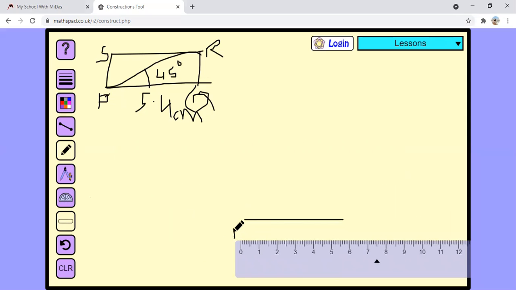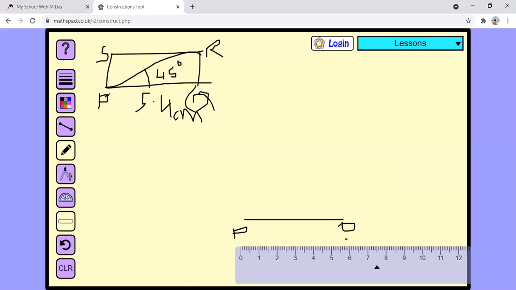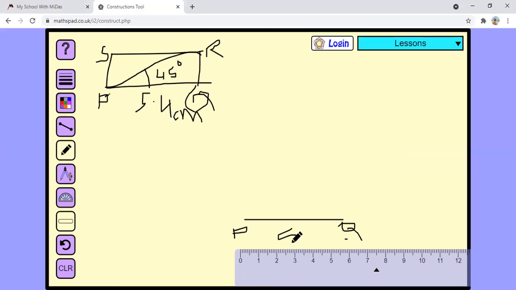This is P, as I have given in the rough figure, and this is Q, the end of this line. This is PQ, and its length is 5.4 centimeter.